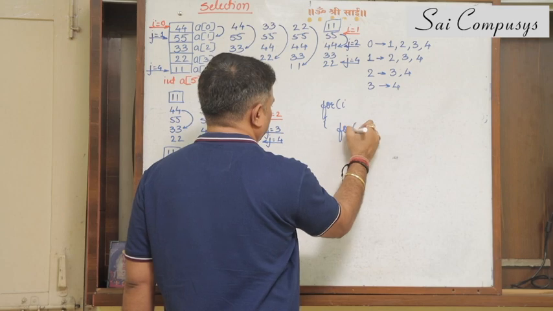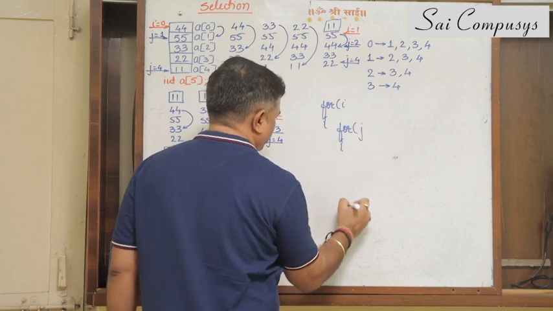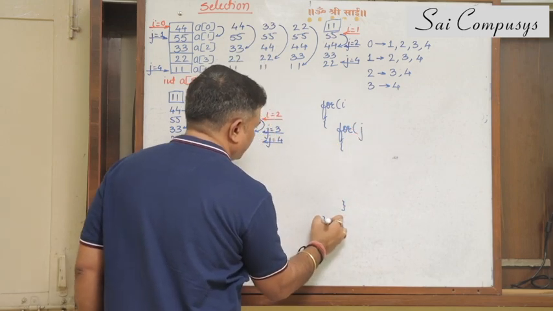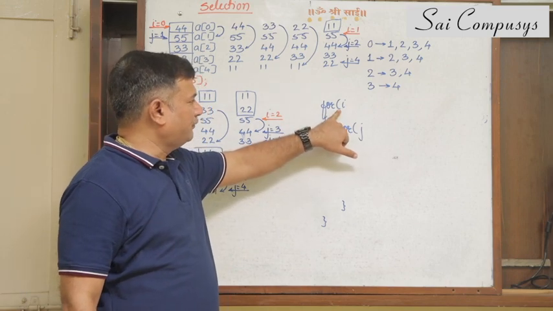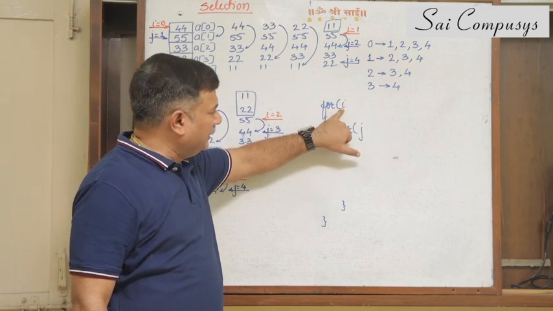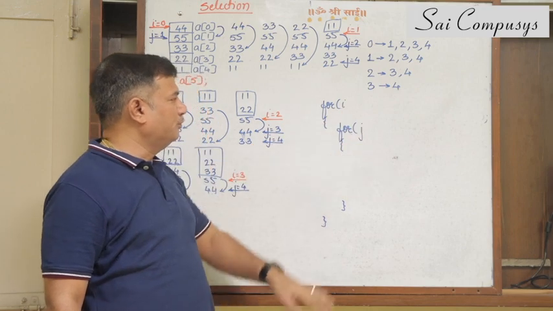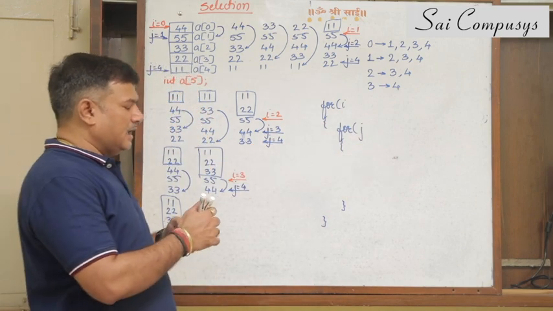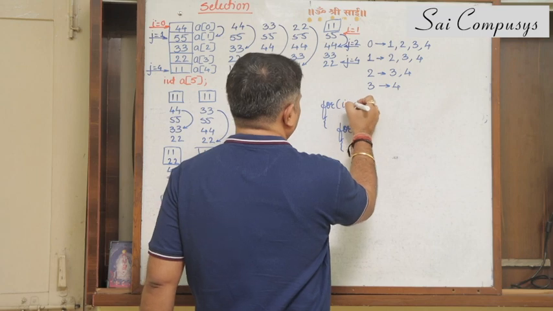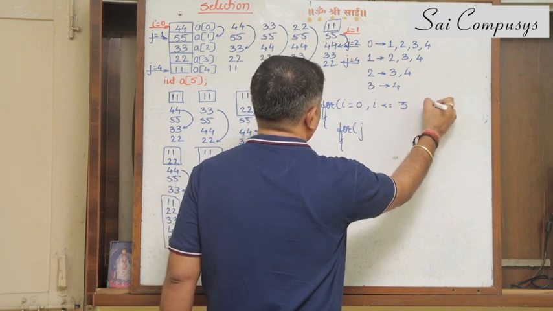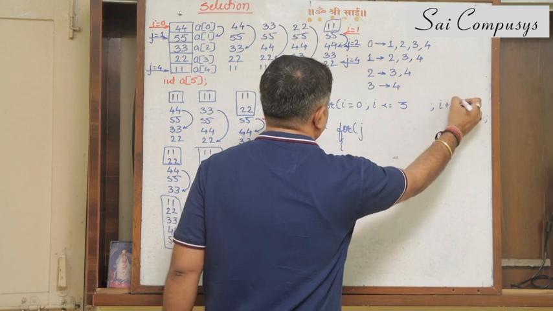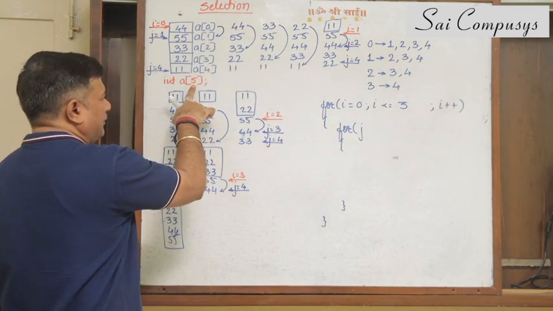See, for each element I use the loop of i, and for elements below the ith element I use the loop of j. This loop of i in my example varied till 3. My array was of 5 elements.